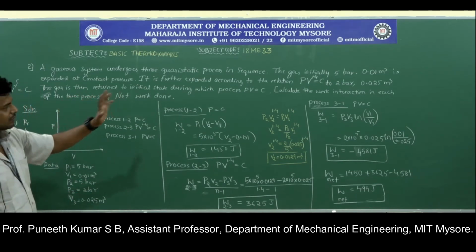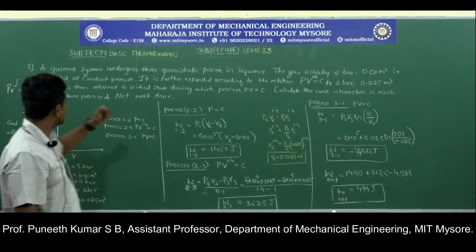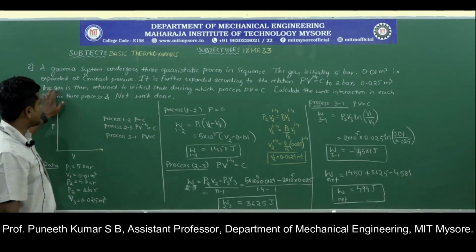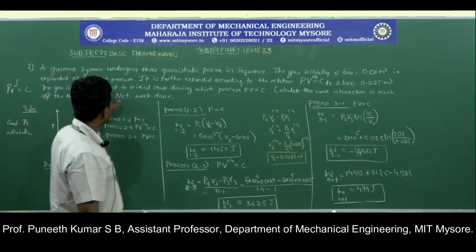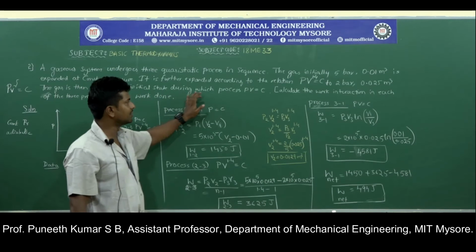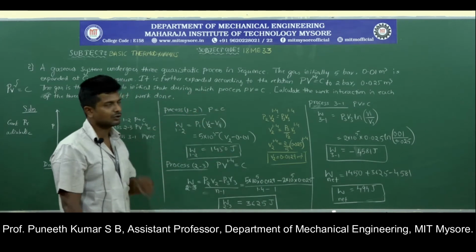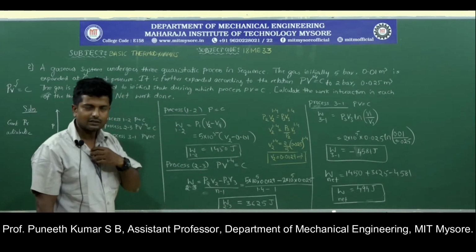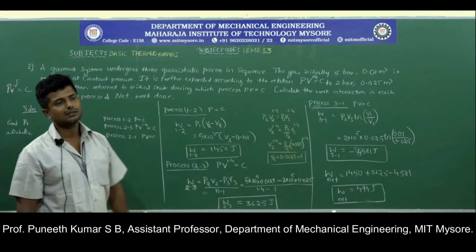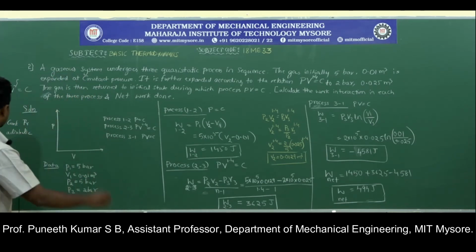So this is speaking about the second process. The last one is that the gas is then returned to the initial state, during which the process is PV is equal to C. We already know that PV is equal to C means an isothermal process. So I can write the last process as the isothermal process.